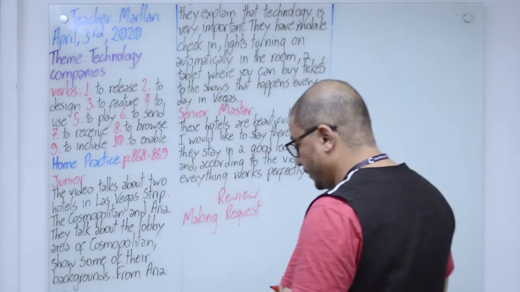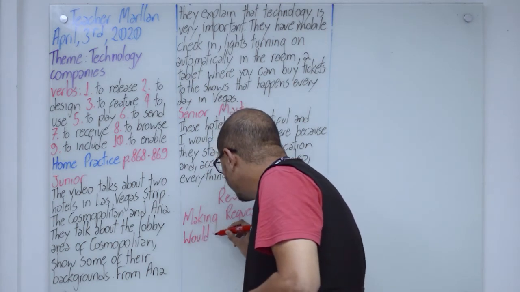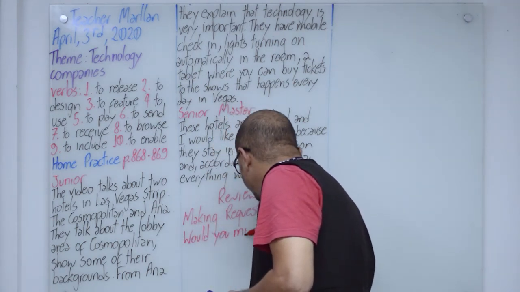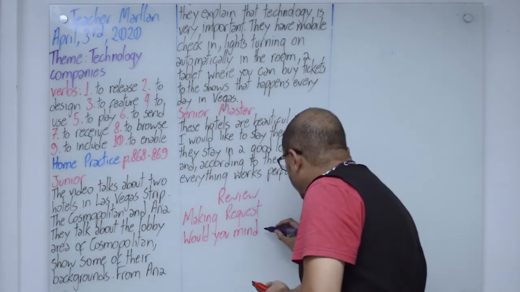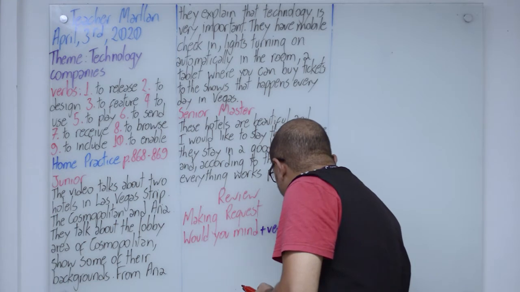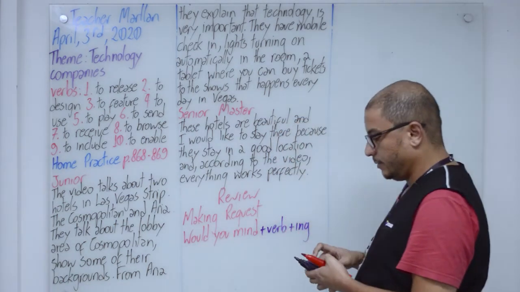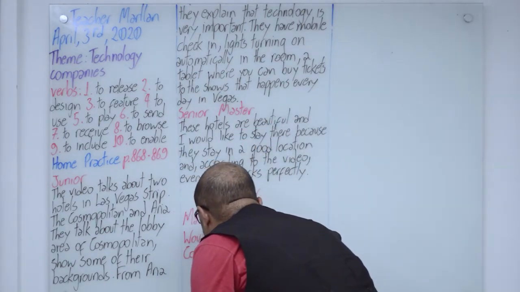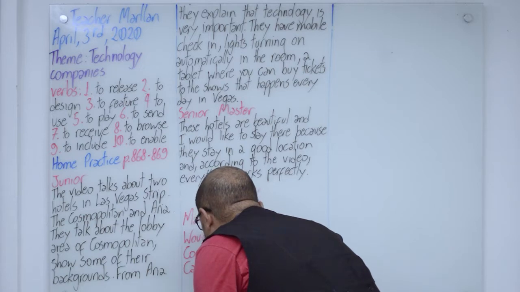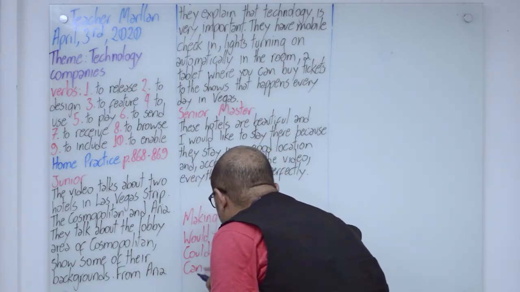So, we can use would you mind plus verb plus ing. Okay? We can use could. We can use can. Okay? So, we're going to use could and can.